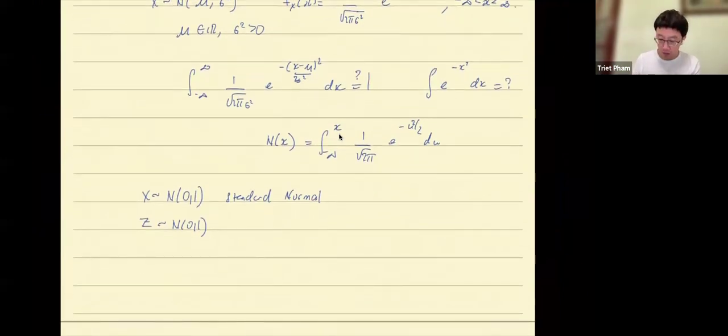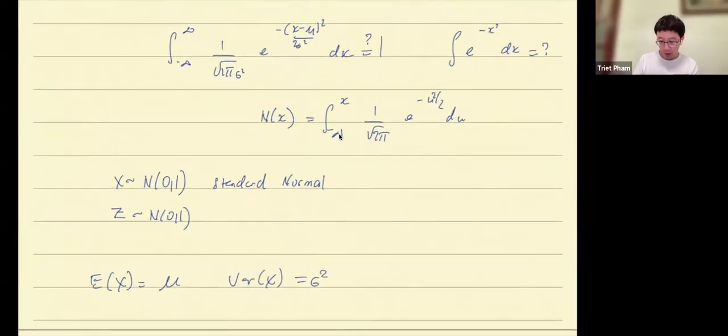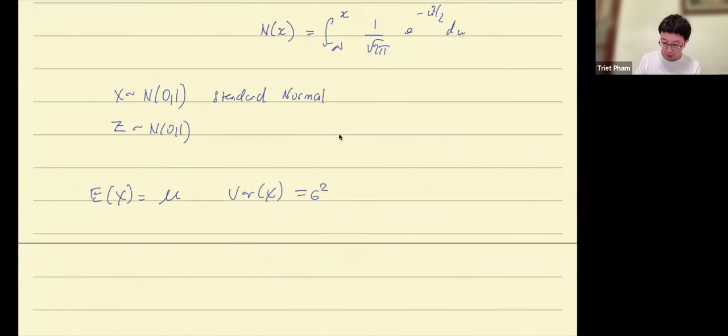So what's next? Next is expectation. People might have guessed that the expectation of x is mu and the variance of x is sigma squared. Well, how do you do this? Simple, it's a simple u sub. I'm just going to point it out once and we're not going to do it again.